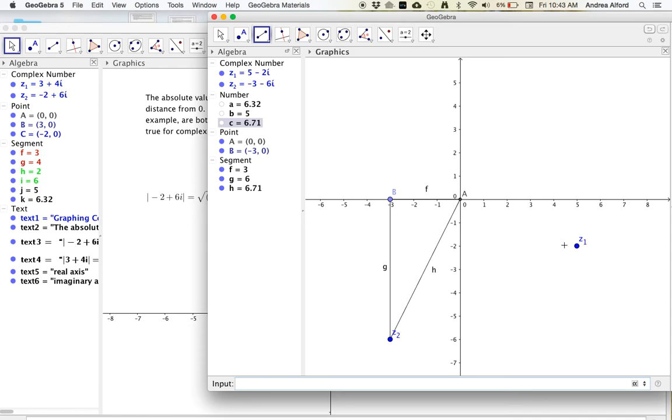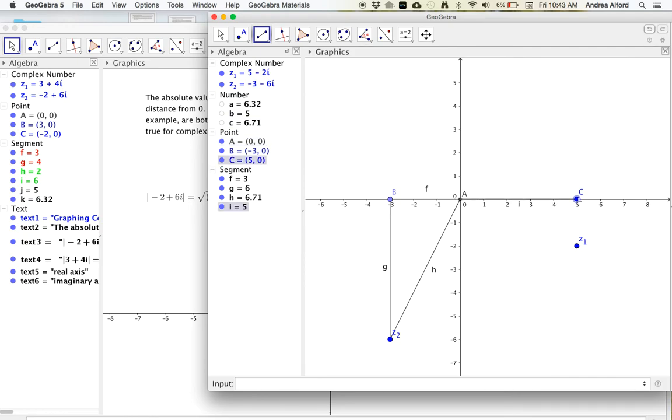Okay, and lastly, for z1 here, 5 minus 2i. And remember that it's always a squared plus b squared. So this right here is going to be 5 squared plus negative 2 squared, or 25 plus 4. Okay, so we're going over 5. So that's my a.